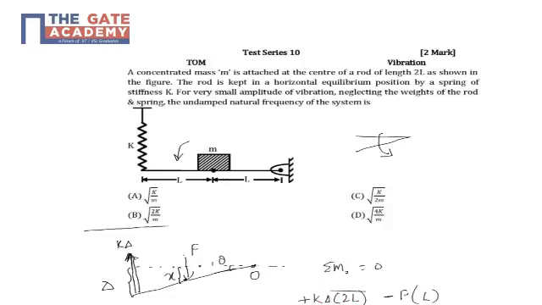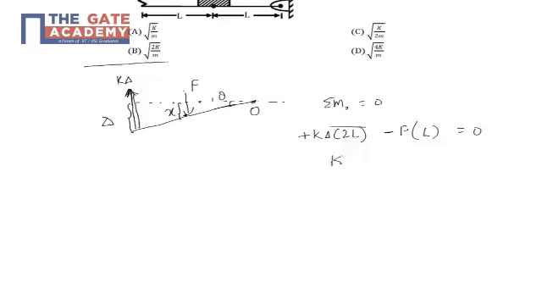Only these two are the forces because the weight of the rod is neglected. K delta is the spring force when the spring is stretched by delta, into 2L because it is away by a distance of 2L. If you cancel, K delta into 2 is F, and F is mg, so mg is 2k delta.